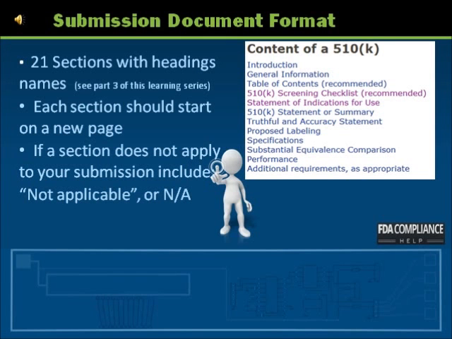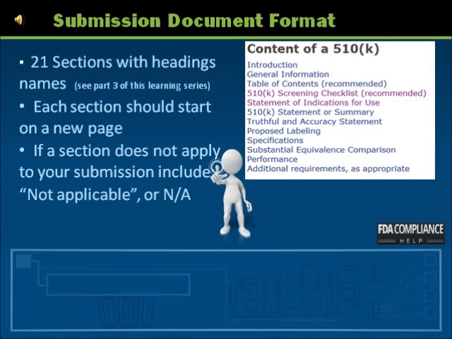Start by preparing your submission document format. We recommend that you include all 21 sections recommended by the FDA to be included in a traditional 510K, which we covered in Part 3 of this 4-part series. In some instances, the information in a particular section may not apply to your device.